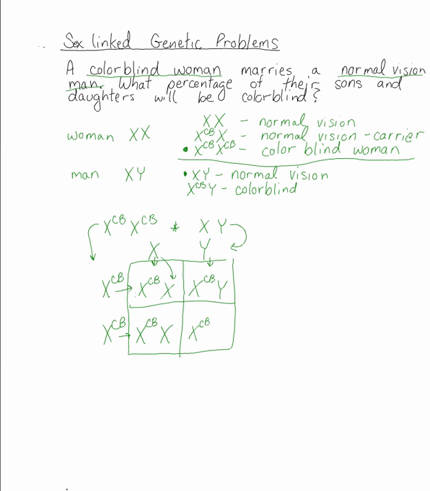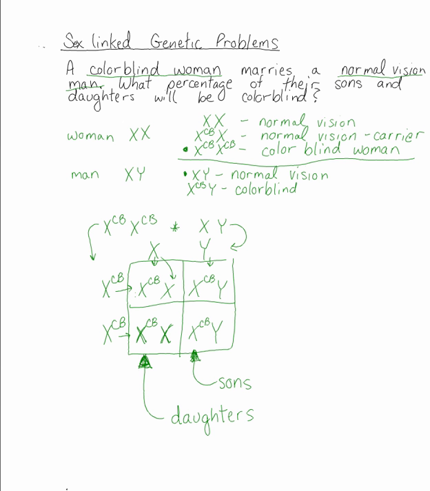And then we have an XCB chromosome from Mom and a Y chromosome from Dad. Now if we look here, we have all X's. So we've got our daughters right there, XX's. And if we look right here, we have our sons, which are XY's.